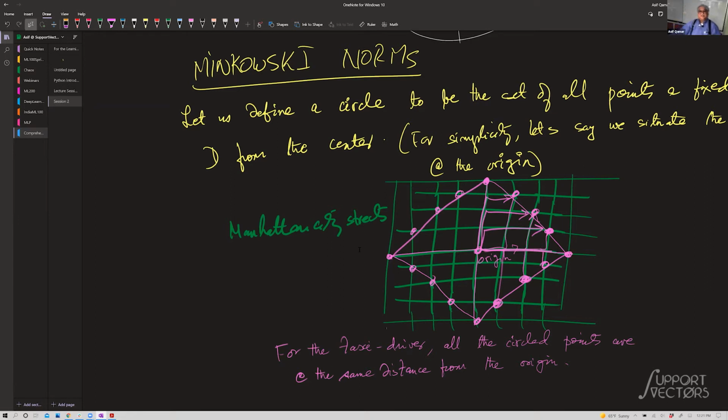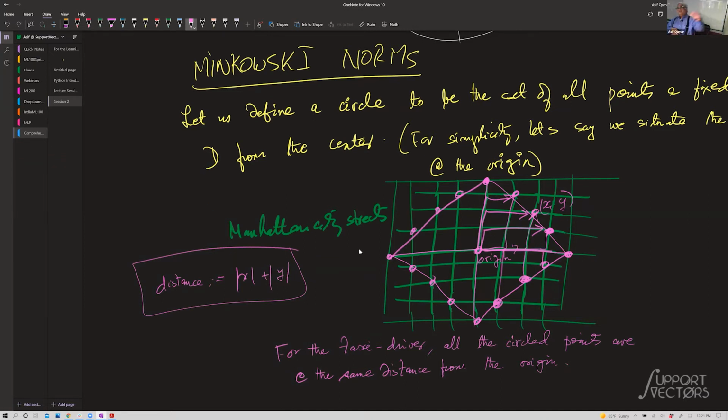What this distance is, because here the distance is defined as the amount that you go. So suppose you take any point x, y. It means that you have gone x horizontally and y vertically. So |x| plus |y|. Convince yourself that this is a definition of distance.